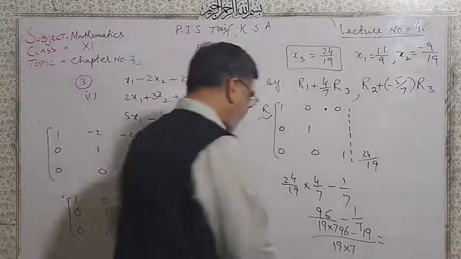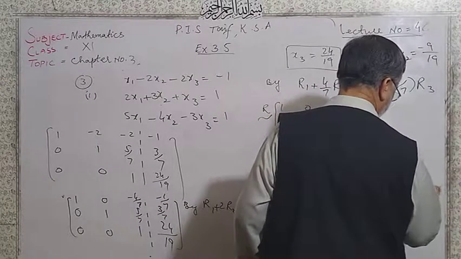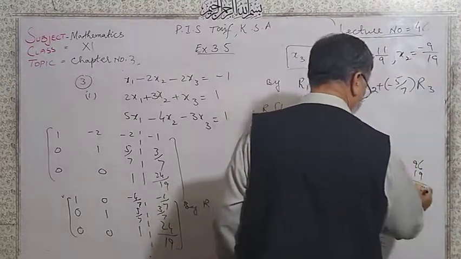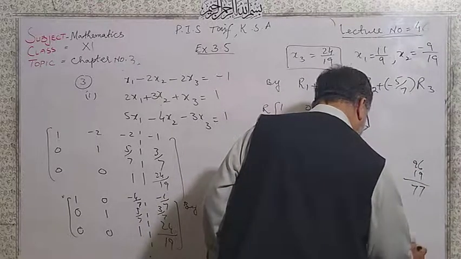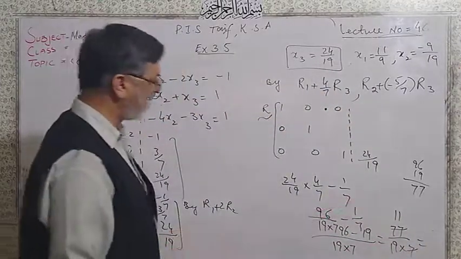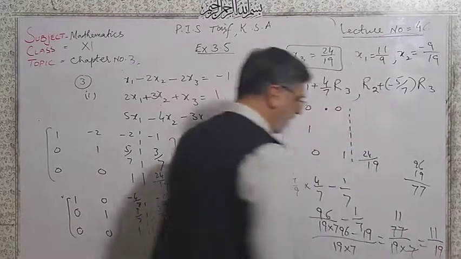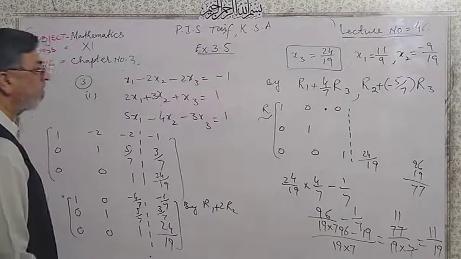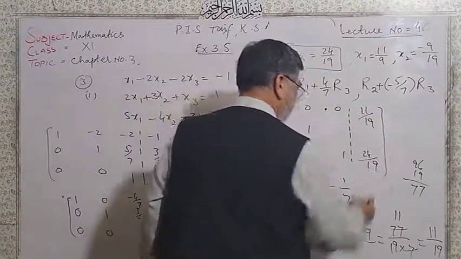So what will that be? Here is 7. So 77 over 19 into 7. 7 elevens are 77. And here we have 11 over 19. This is 11 over 19.